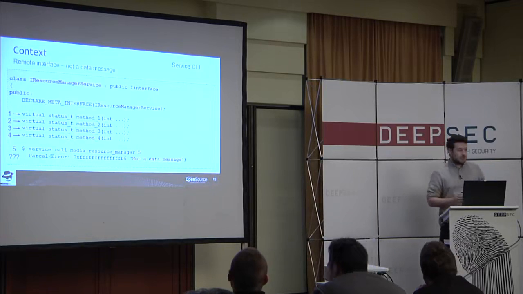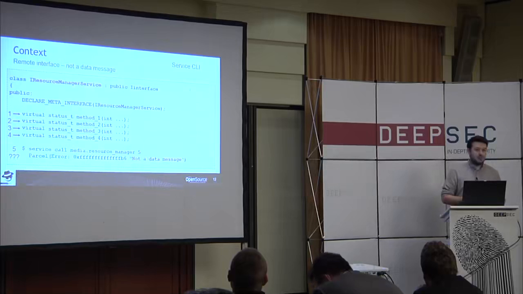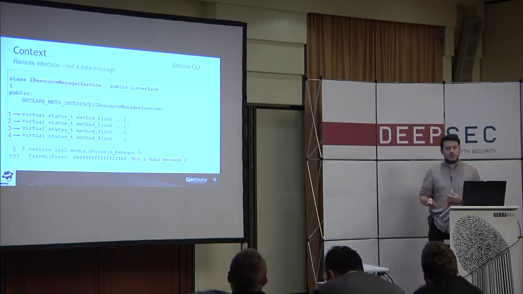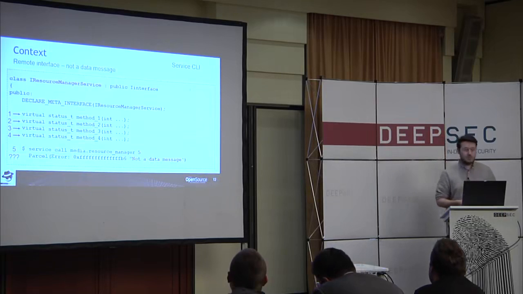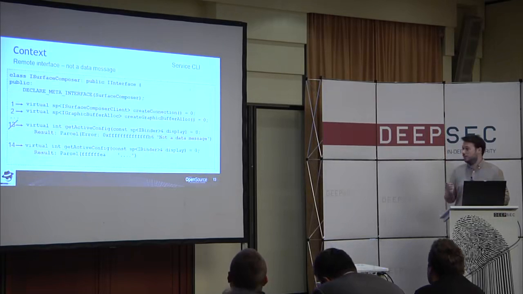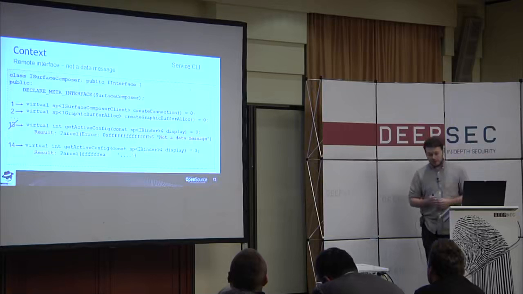There are basically 2 cases when we can receive this type of error message. Anyway, 2 cases that are of interest to us. It is this one, when we are calling a method with a number that is larger than the total number of methods. And then there is the other case.